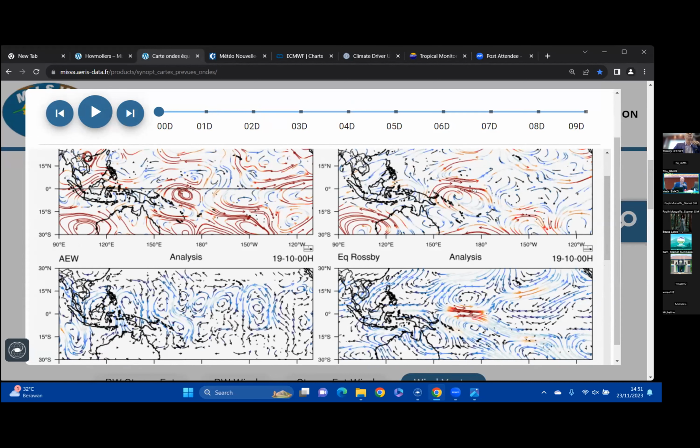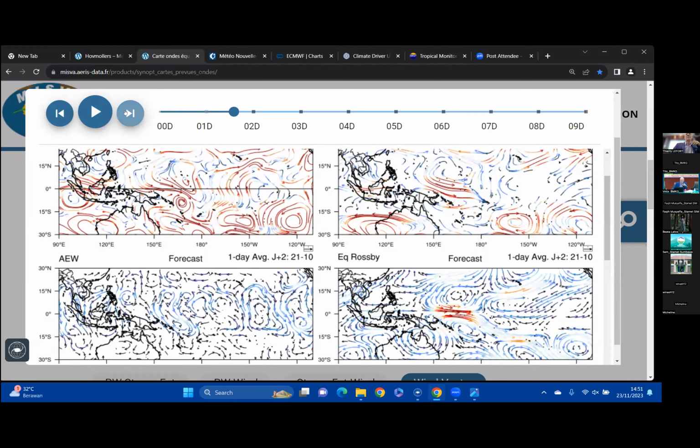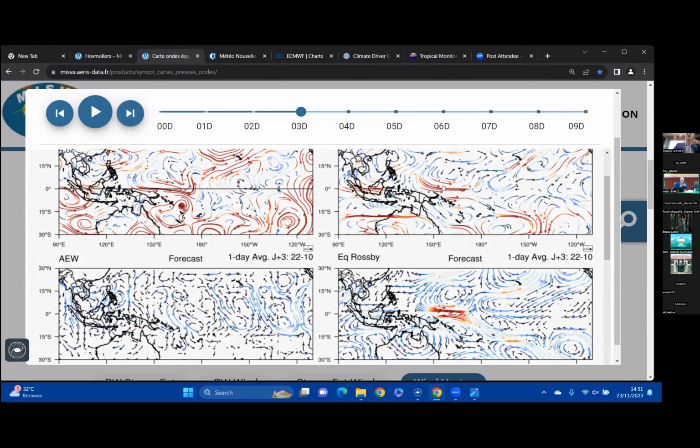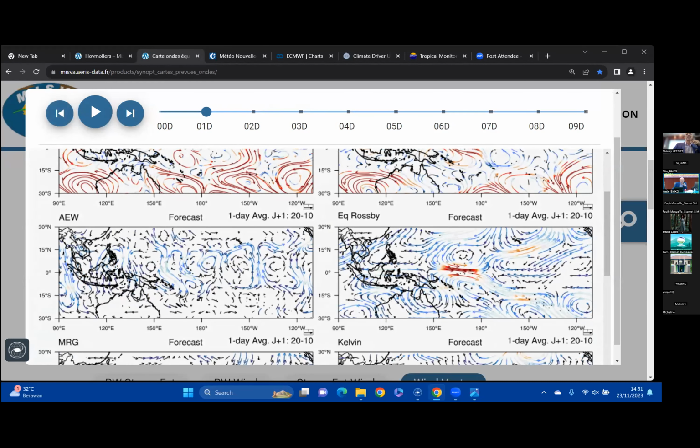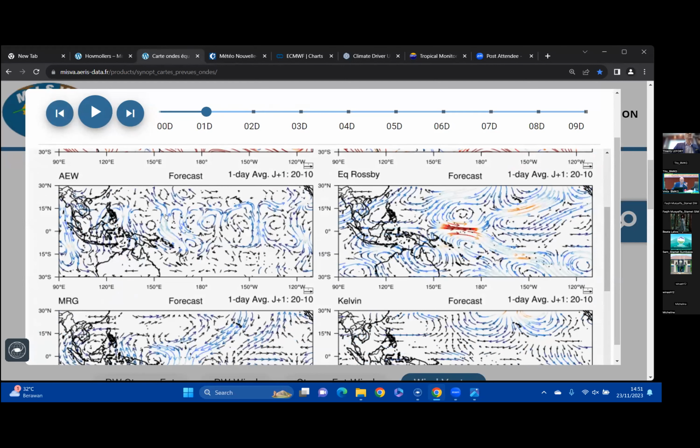You help to close the cyclonic circulation. If you only have equatorial Rossby, you would have westerlies only, but it helps to focus the vorticity at the same location.